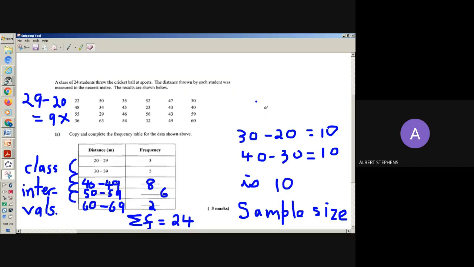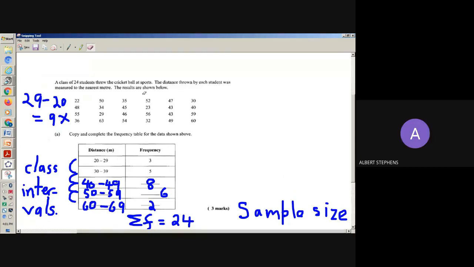Some of you would have known this topic already. Some of you, this is new to you. The class width, class size, and sample size, all of them are the same thing.